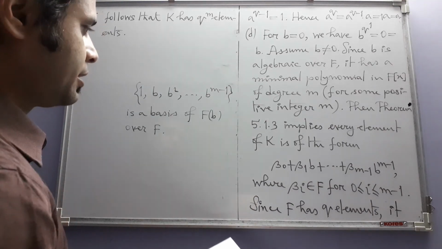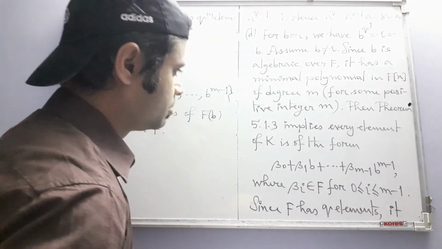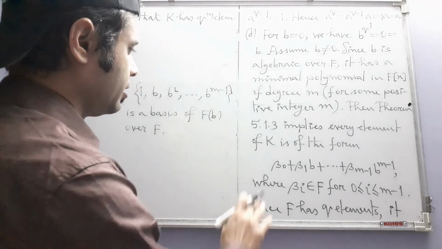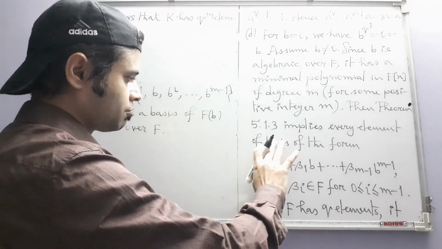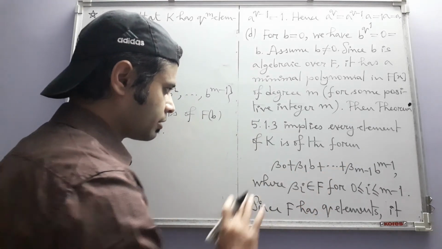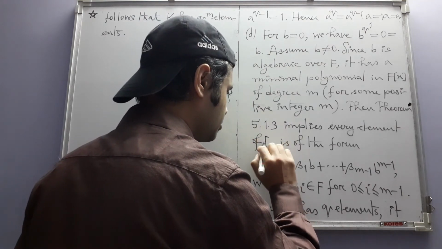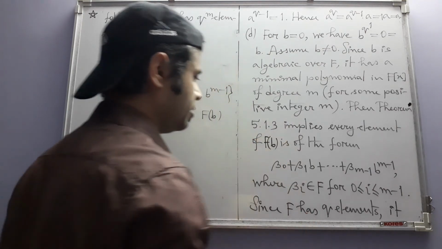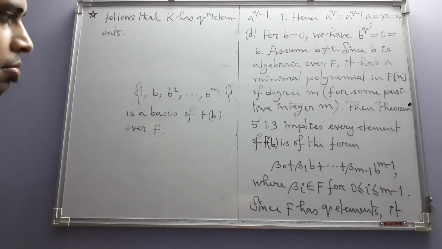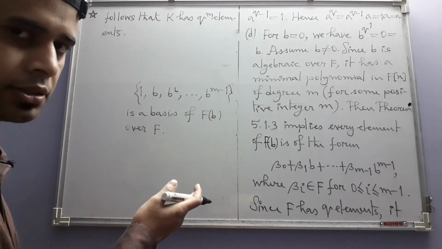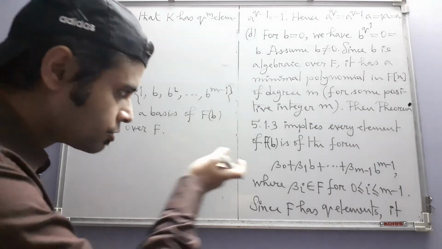Now if we don't use K here, of course what I have written is not correct. I should write F(b) here. All the elements in that extension look like this.